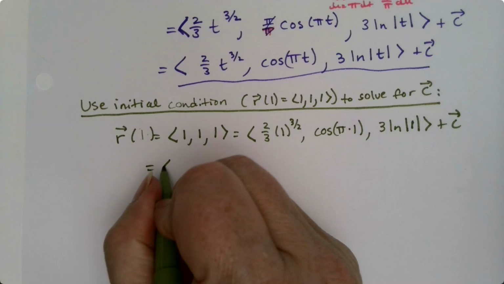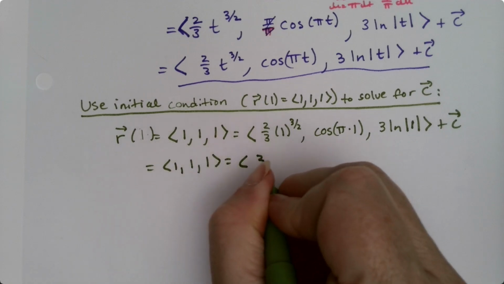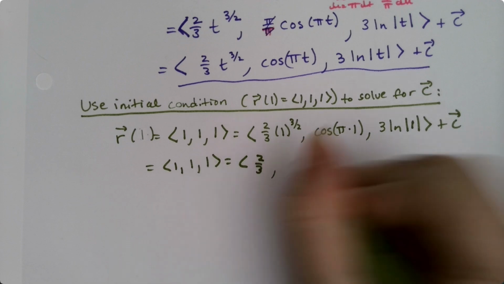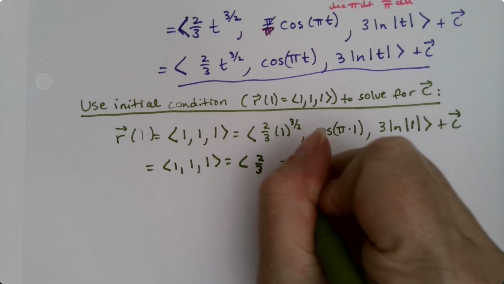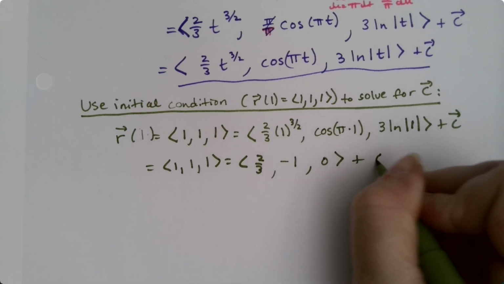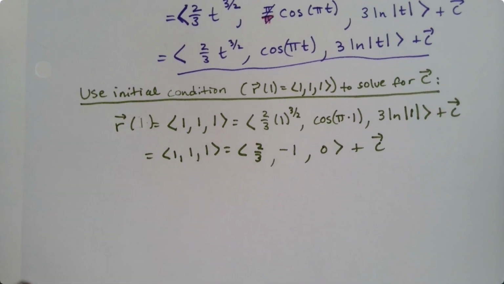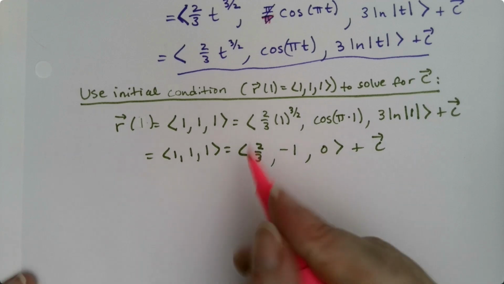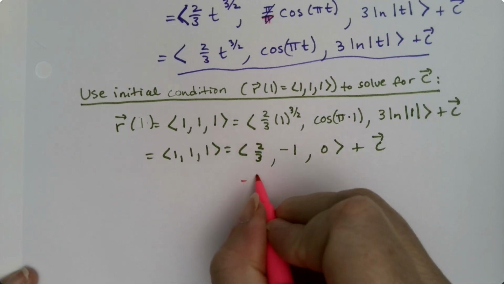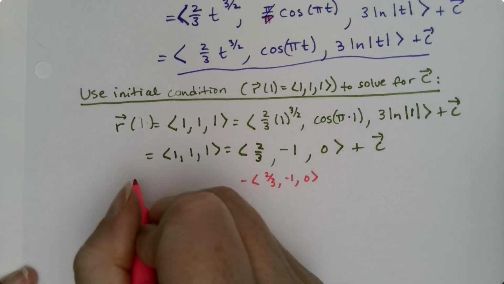So 1, 1, 1 is 2/3, -1, and the natural log of 1 is 0, plus my constant vector. And then I'm going to subtract this vector from both sides. So I'm going to subtract 2/3, -1, 0 from both sides.